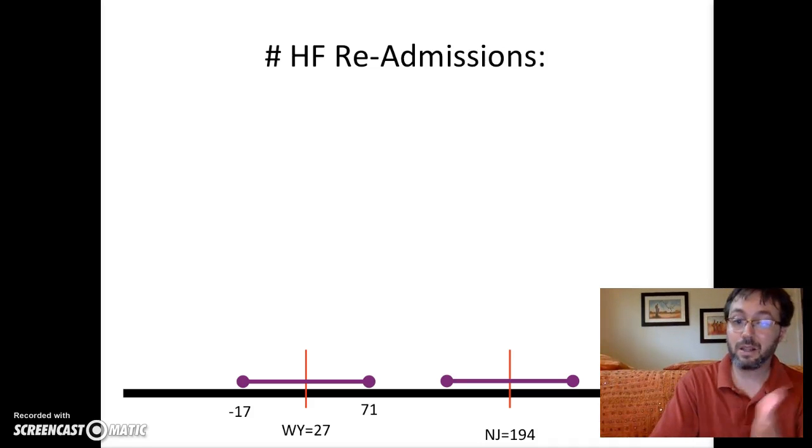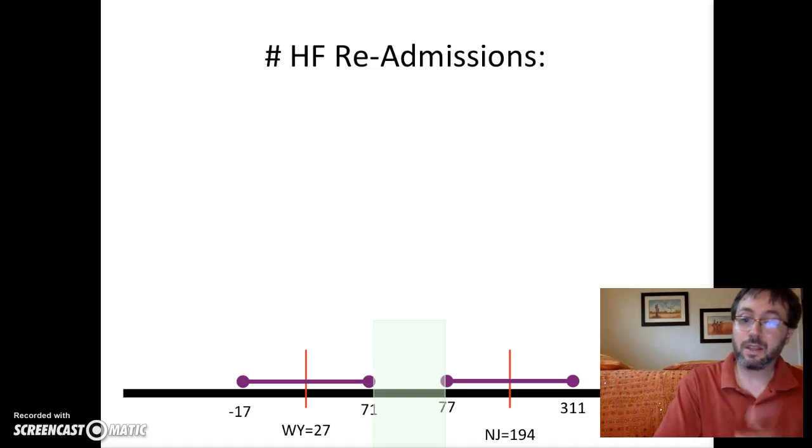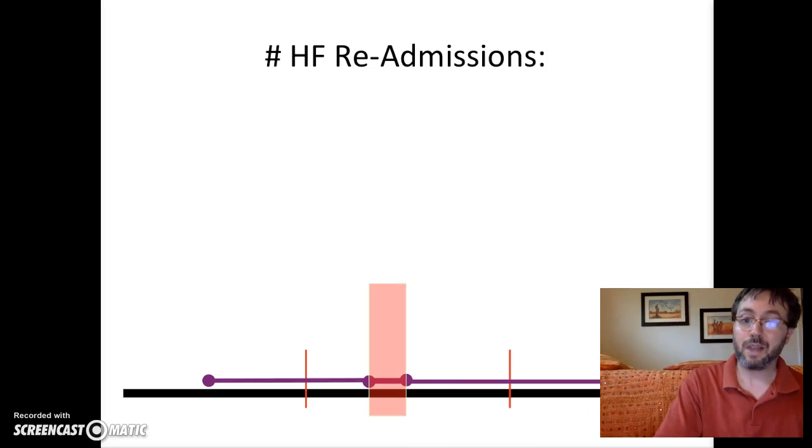But we see that the range of Wyoming's mean is between -17 and 71 when we look at the 95% confidence interval. And for New Jersey, there's a maximum of 311 all the way down to 77. So you can see that these two confidence intervals for the mean number of readmissions for heart failure per facility do not overlap. So what does that mean?